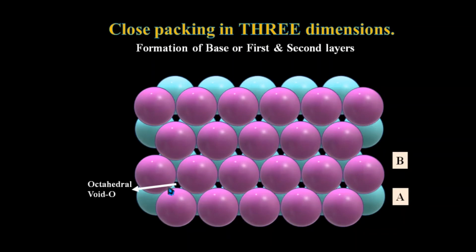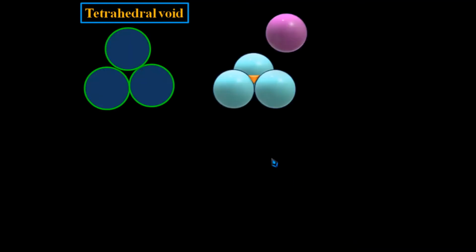This void is called the octahedral void. Here we discuss in detail the tetrahedral void and the octahedral void. What are the tetrahedral void and the octahedral void?